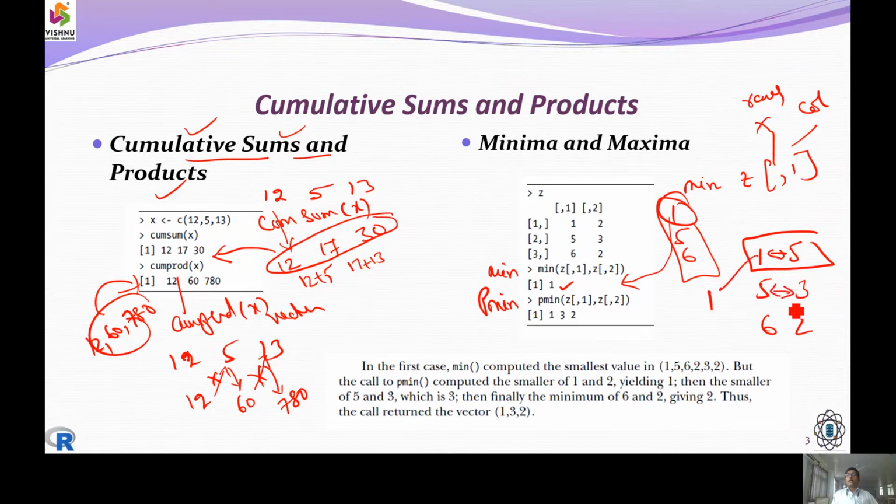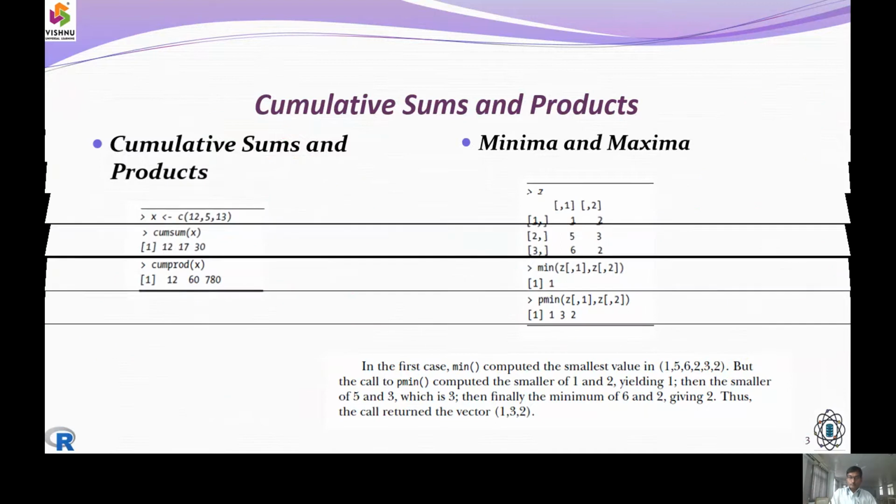Then it compares 5 and 3. Which one is minimum? It takes 3. Then it compares 6 and 2. Which one is minimum? It takes the value 2 here. So in this way, 1, 3, and 2 are displayed. So we will be getting the element-wise content in this model.